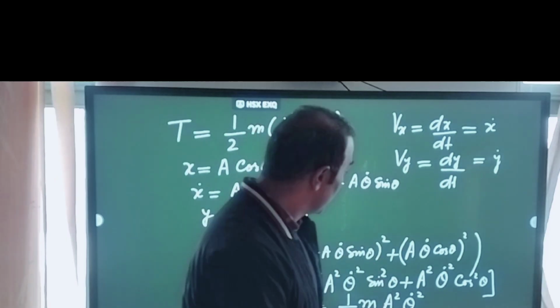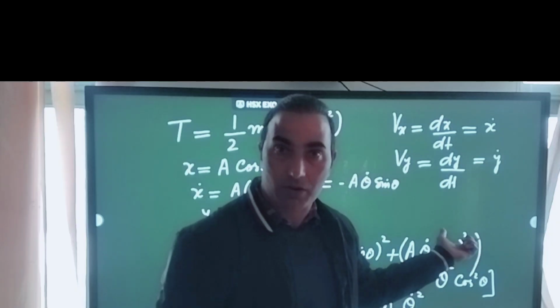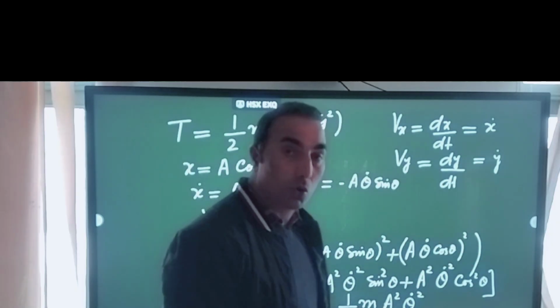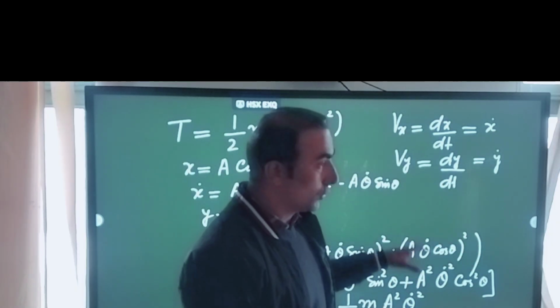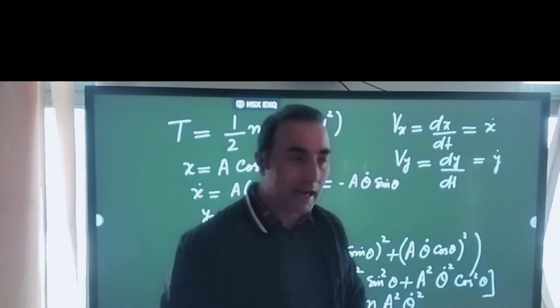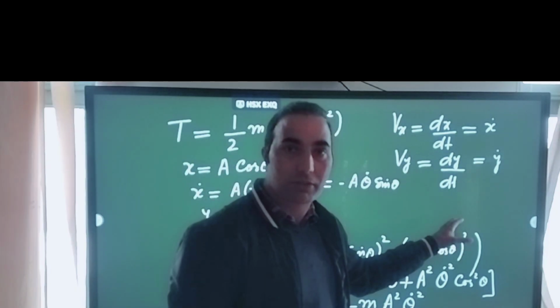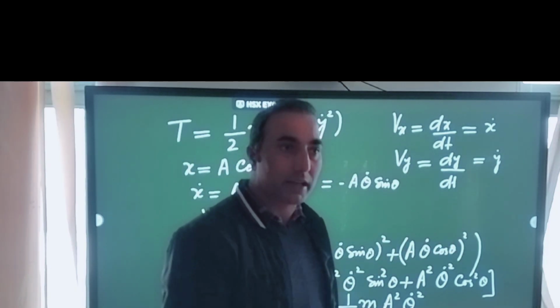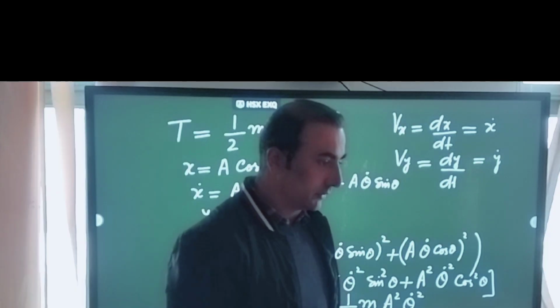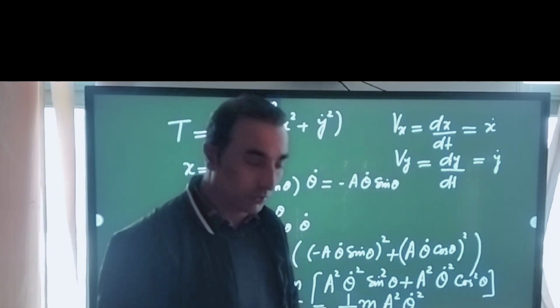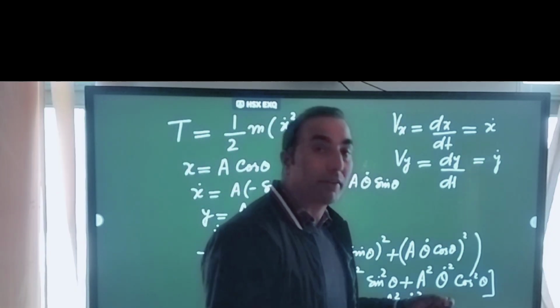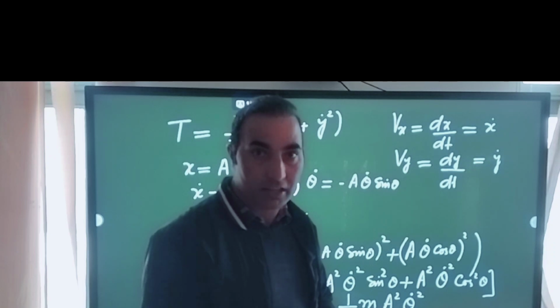So what will be the form of potential energy here? What's the form of V here? If we go for a conservative system, with a uniform gravitational field, our potential energy will be simply mgy, because force is minus partial V by partial r.